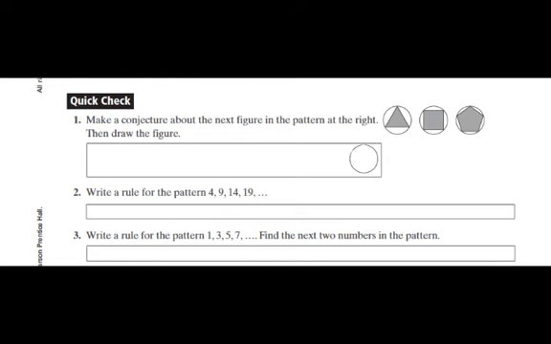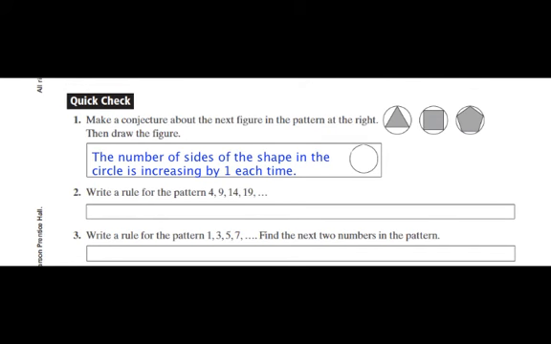Now I want you to try some quick check problems on your own. Let's just have you try 1 through 3. Pause the video, try them, then start the video to see how you did. The number of sides of the shape in the circle is increasing by 1 each time. So the next shape would be a hexagon in the circle.